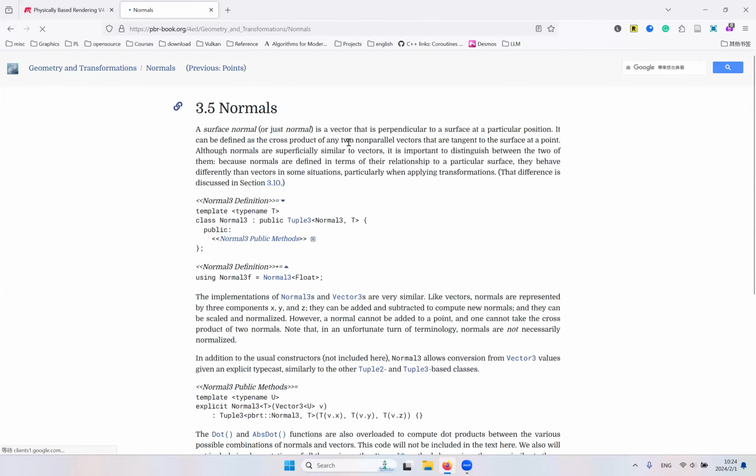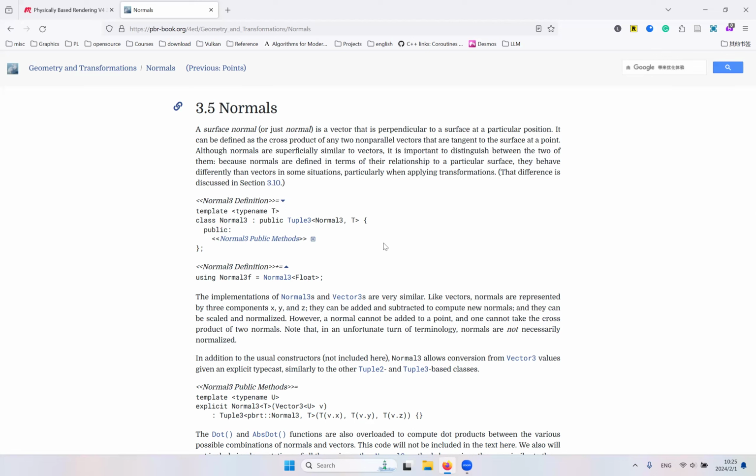And PBRT also has normals, because normals also transform differently. Thinking from the geometric algebra perspective, a normal is really a bivector rather than a vector. When you transform a normal, it's like transforming a plane, right?